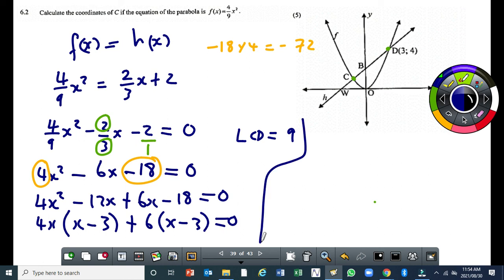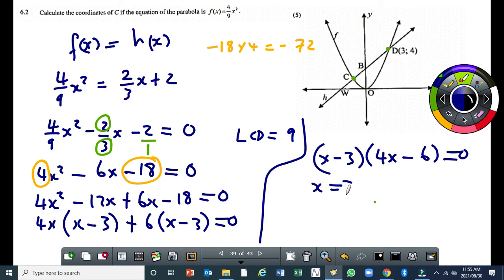Therefore, I'm going to have x minus 3 and 4x plus 6 as my factors.